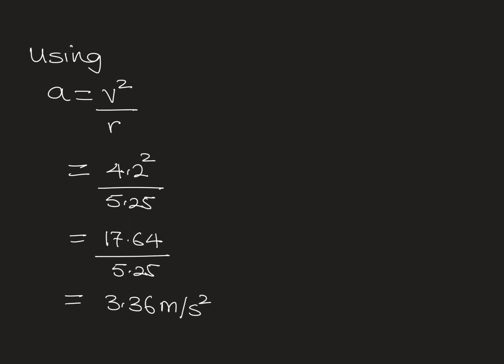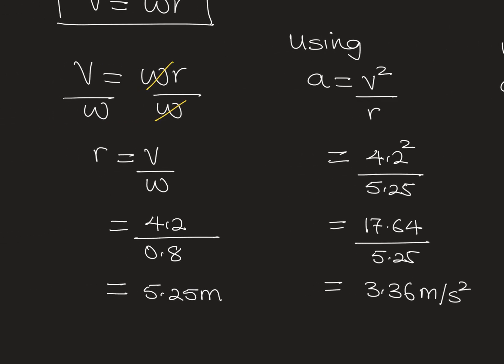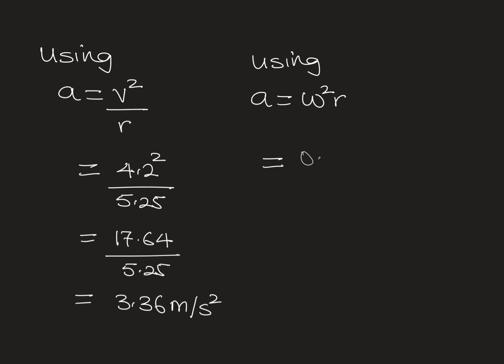So what if we want to use the other formula? Using acceleration is equal to omega squared r. The angular velocity is 0.8, so we will square that and multiply by the radius, 5.25. 0.8 squared is 0.64, multiplied by 5.25.